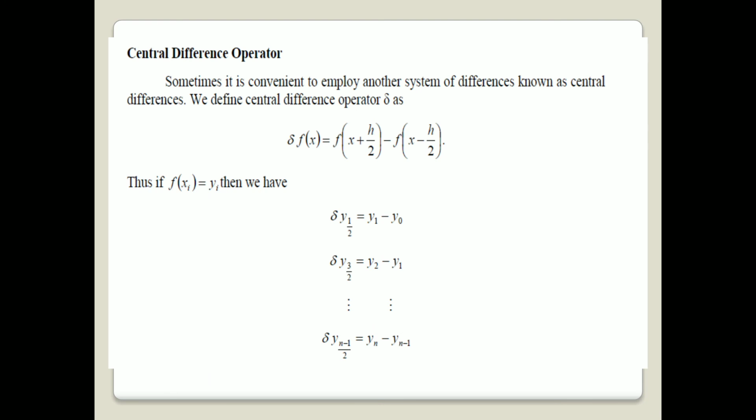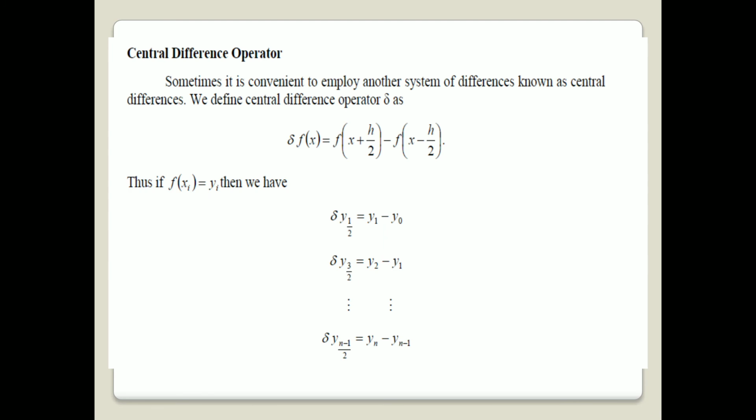So we derive this formula of central difference: small delta of f of x is equal to f of x plus h by 2 minus f of x minus h by 2. Thus, if f of xi is equal to yi, then we have small delta y 1 half is equal to y1 minus y0. Y 1 half is the central value of y1 and y0.